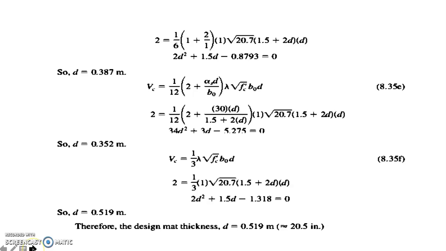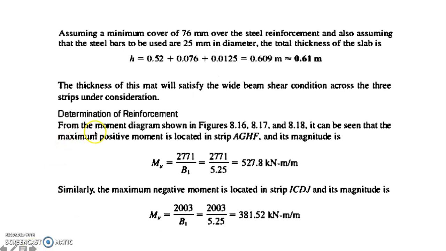So basically, for the thickness of the slab, our D, the effective depth, we're going to add that to the minimum cover of the steel reinforcement, assuming that is 76 mm, and we also assume that we're going to use a 25 mm diameter steel bar. So our H, the total thickness of the slab, is equal to 0.61 meters.